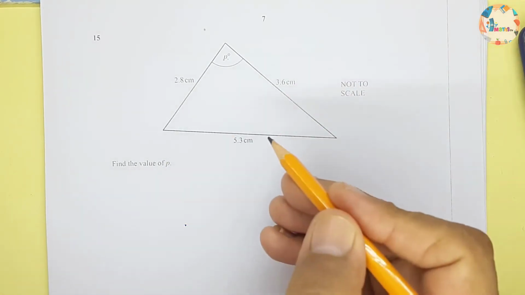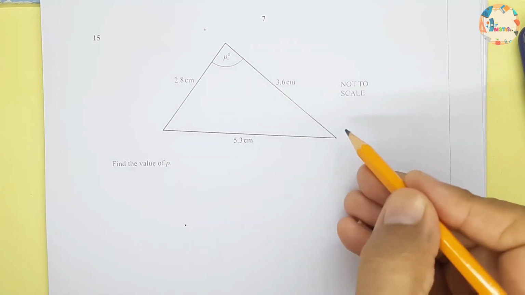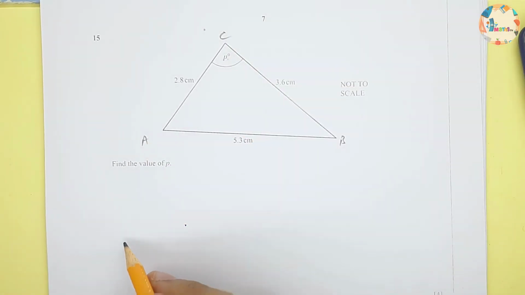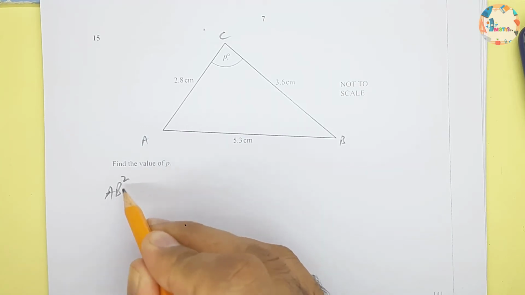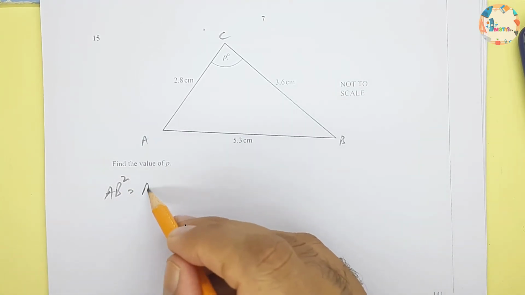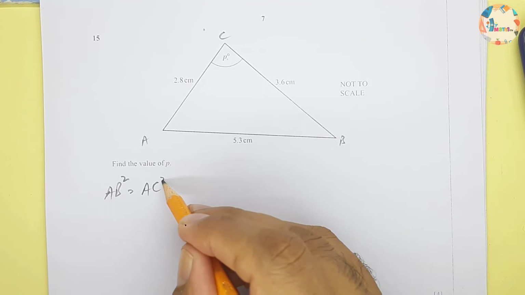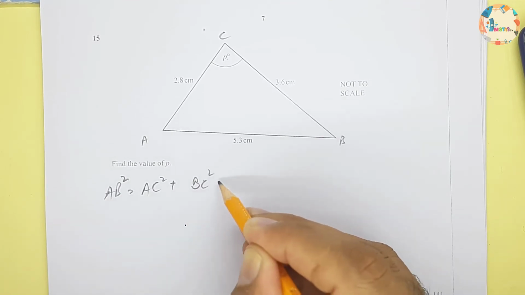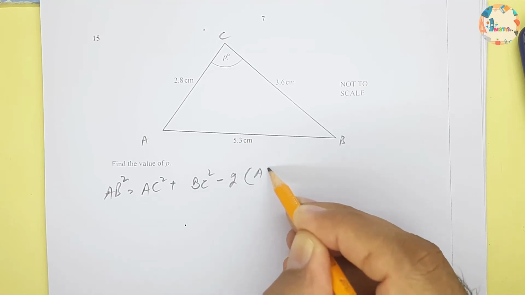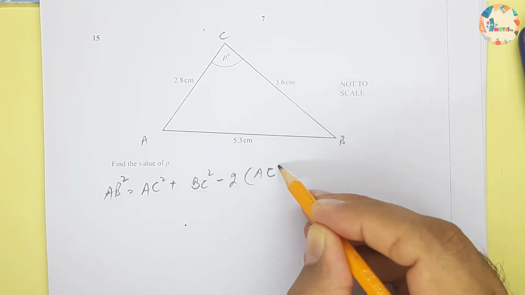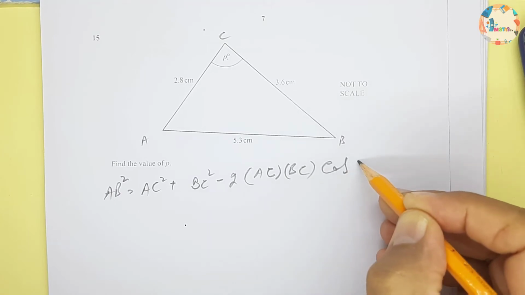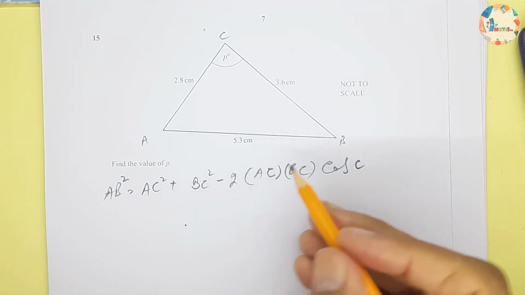So for example in triangle ABC, we can write AB squared is equal to AC squared plus BC squared minus 2 times AC times BC times cos of C. So this formula will be applied.